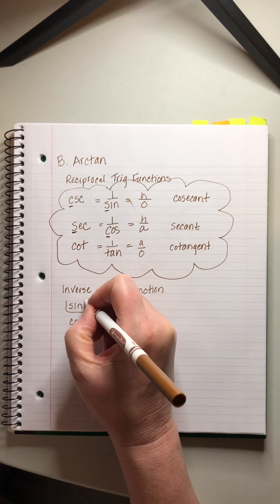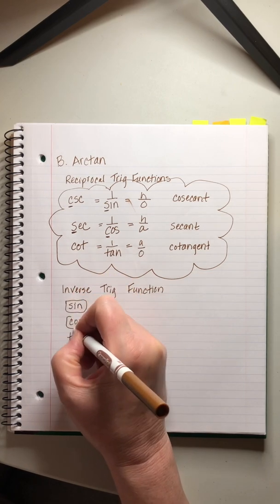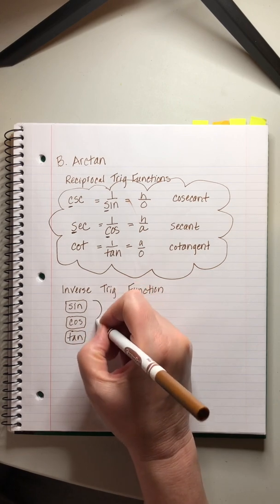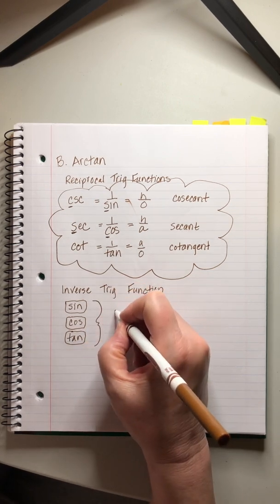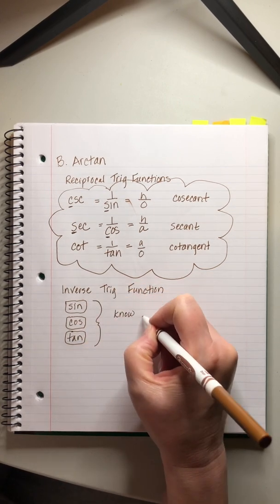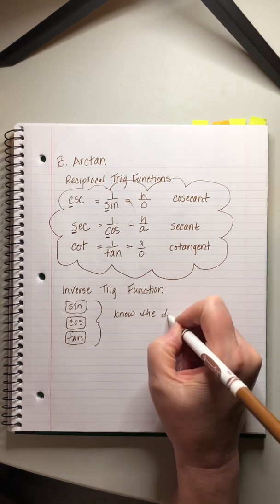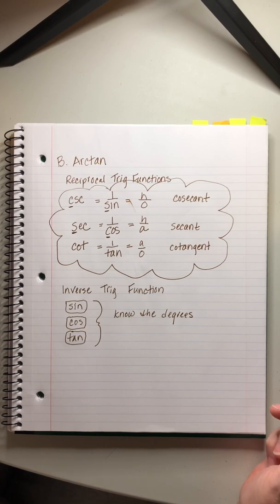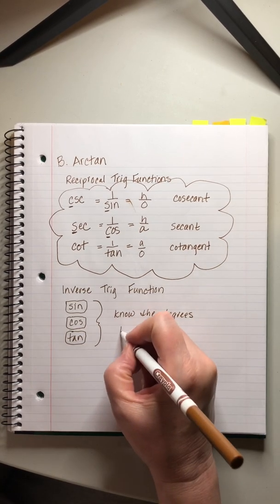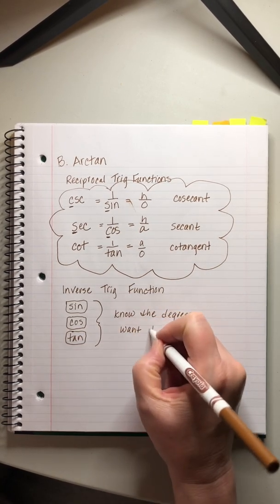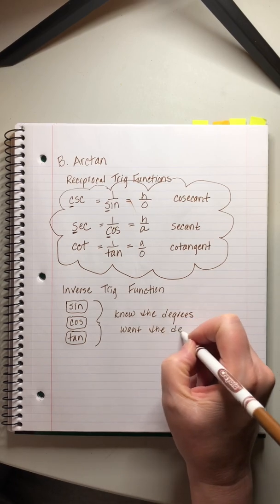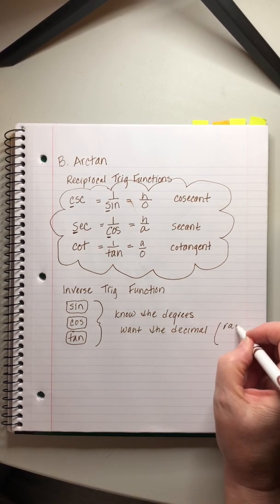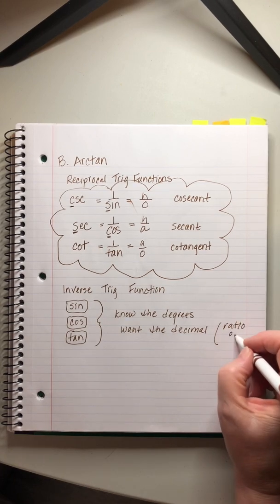These are my calculator buttons. We use those buttons when we know the degrees of the angle that we're measuring, and we want the decimal, which is the ratio of the particular sides, right?